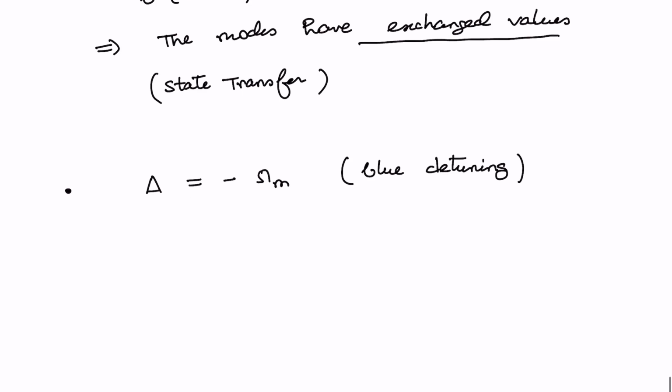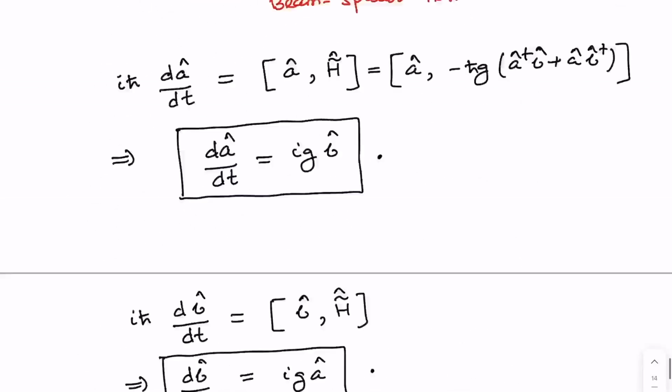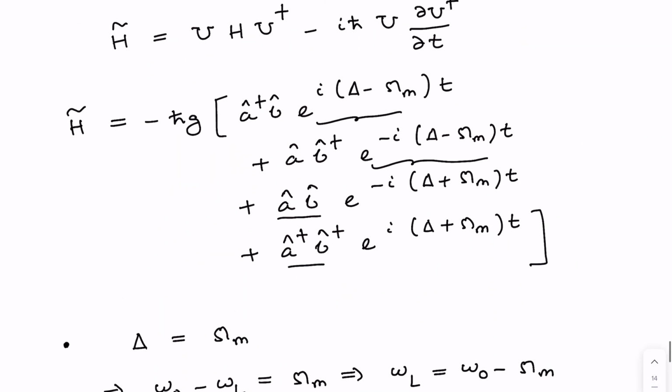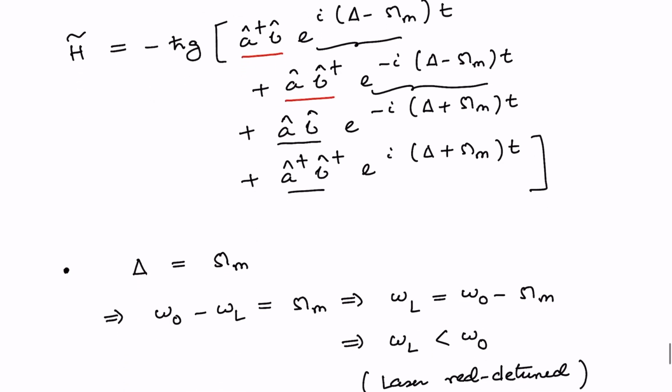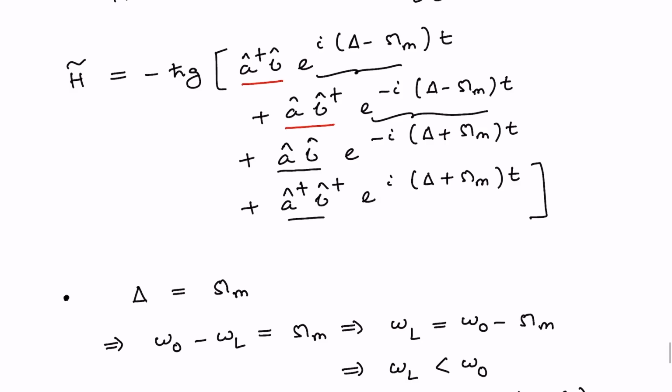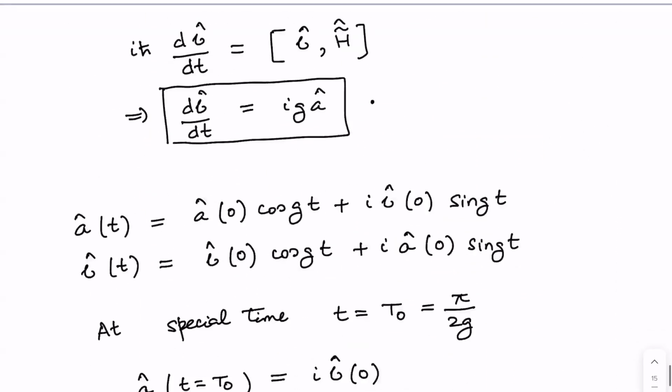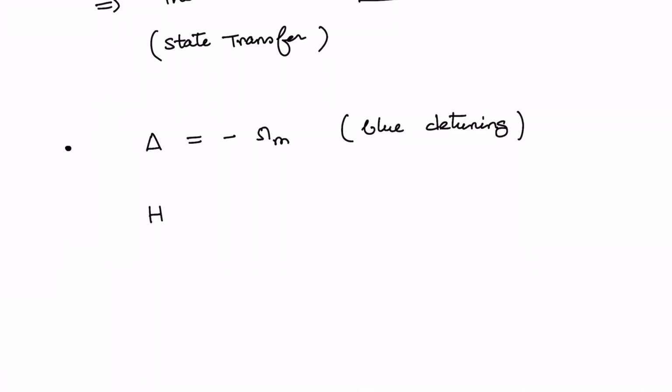In this case, as you can see from the transformed Hamiltonian, the terms that are going to oscillate very highly are a dagger b and ab dagger. These two terms oscillate at twice the mechanical resonance frequency, so these two terms can be discarded.